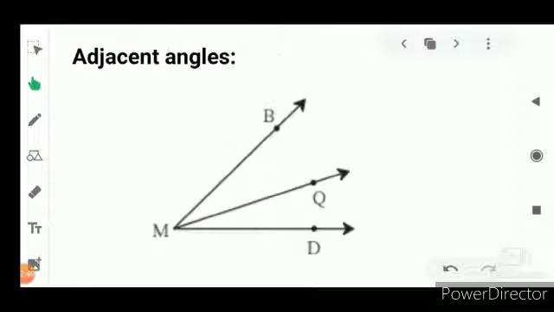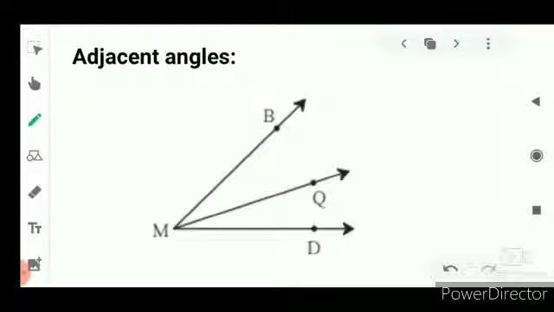Now what are adjacent angles? See this figure. Here we can see three angles, angle BMQ, angle BMD and angle QMD. What are the adjacent angles? Adjacent angles means two angles that have a common vertex, a common arm, and separate interiors, not common.